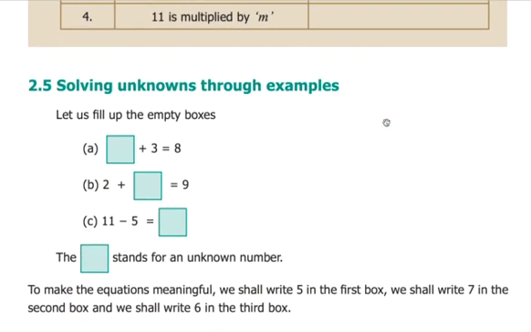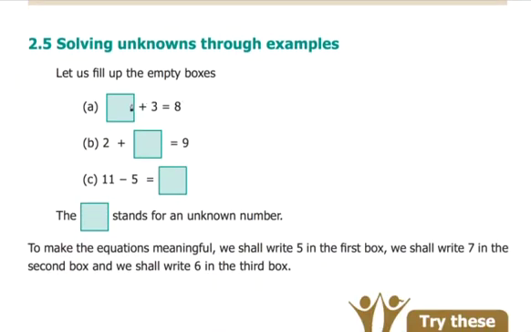Solving unknowns through examples. Let us fill up the empty boxes. This is 3, this is 8. This should be 5. Right. 8 minus 3. This must be 9 minus 2, means 7. 11 minus 5, 6.